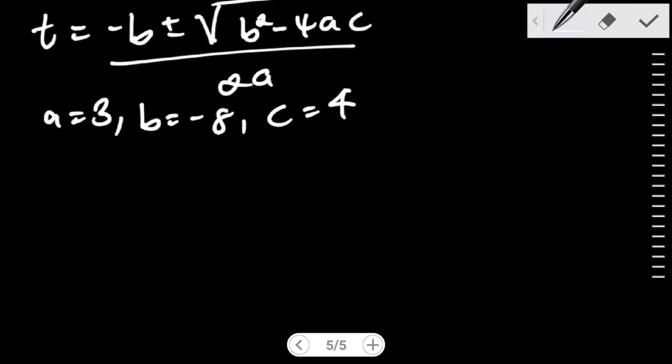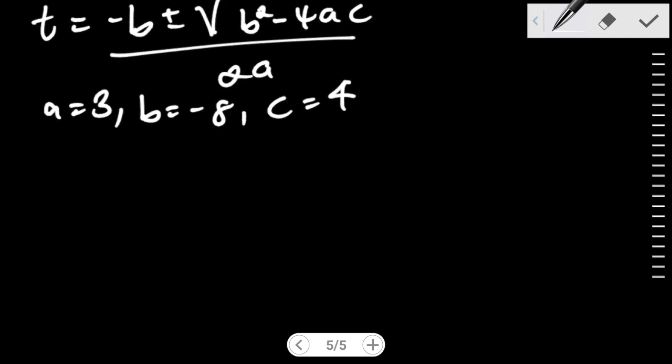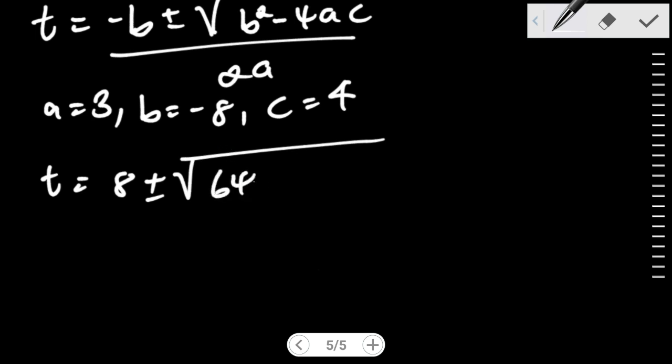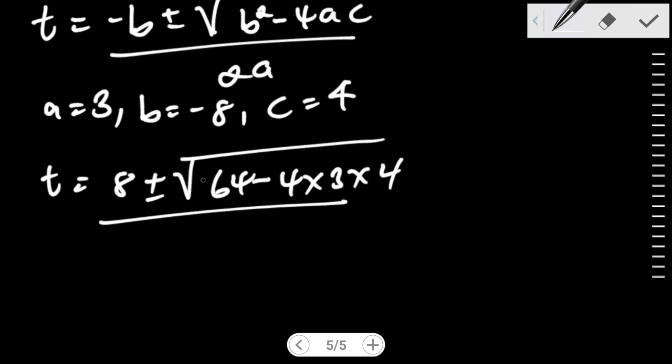So now we have the constant and the coefficients, and t would be equal to negative b, but b is already negative, so this becomes positive 8, plus or minus root of b squared, which would be 64, minus 4 times a, which is 3, times c, which is 4, all over 2 times a, which is 6.